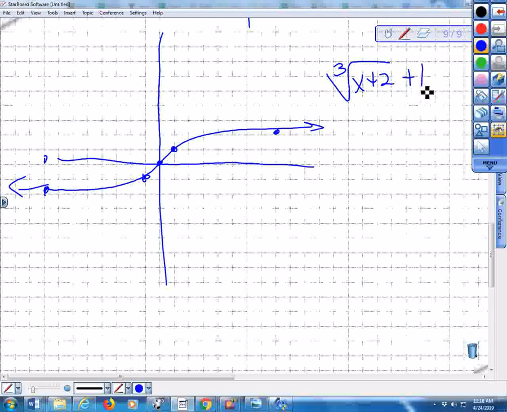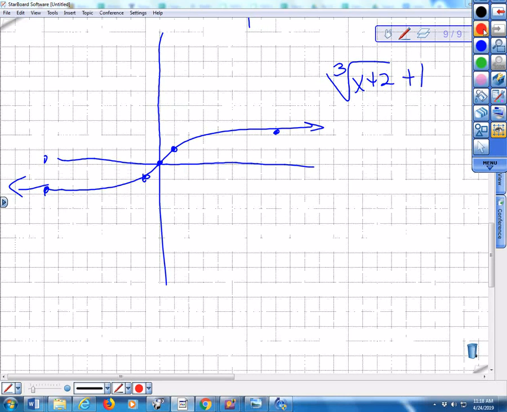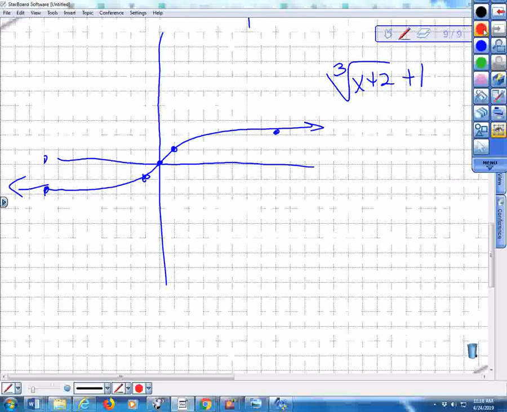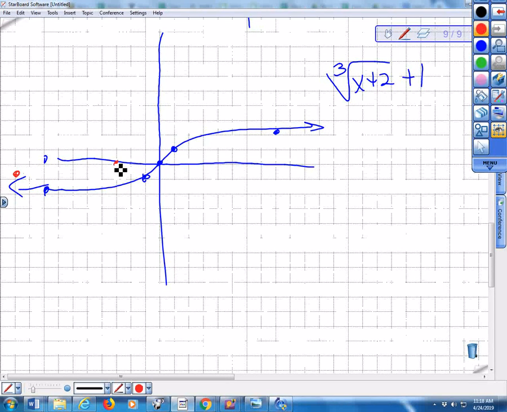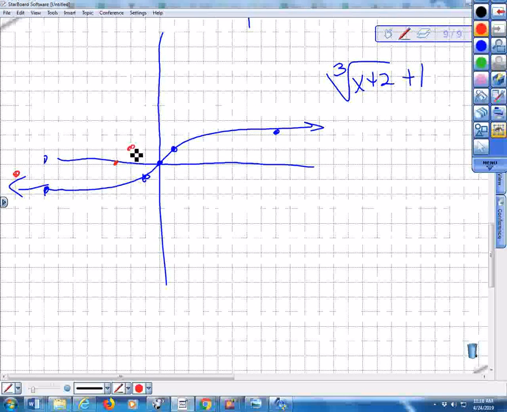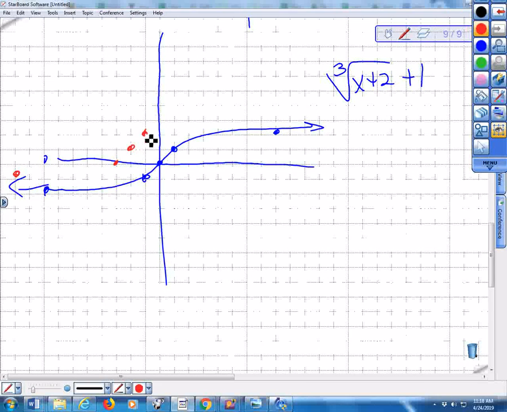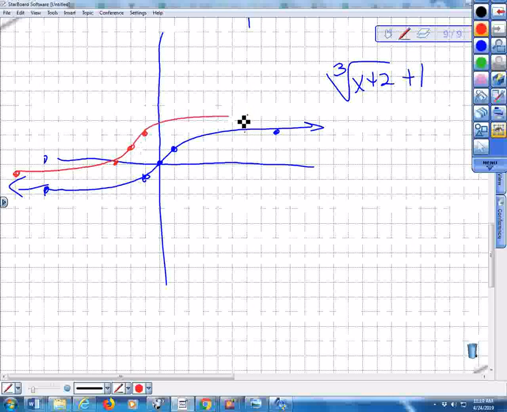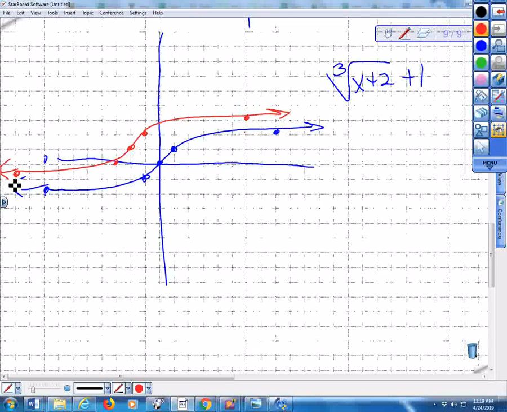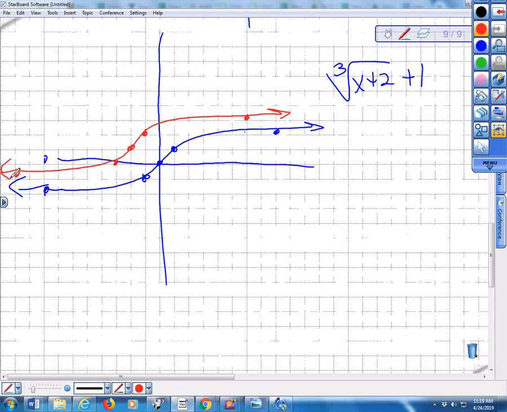So I know every point shifts left 2 and up 1 unit. So I'm going to go left 2 up 1, left 2 up 1, left 2 up 1, left 2 up 1, and left 2 up 1. Connect these points. Something like that. So the red line's my new graph.